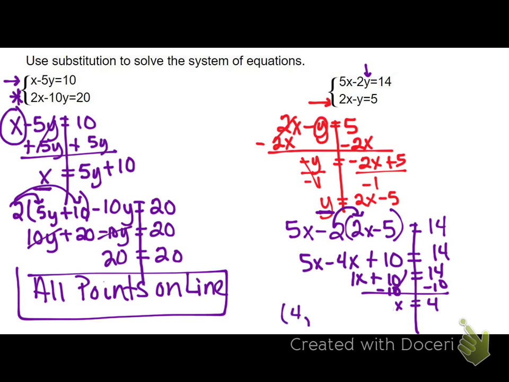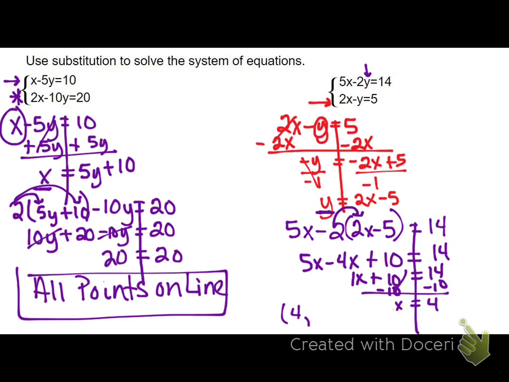Okay. Now, does it matter which equation I use to solve for y? Nah. I can use y equals 2x minus 5, the one that we came up with together. I can use 5x minus 2y equals 14. I can use 2x minus y equals 5. Does not matter. Let's use the one we came up with. Which one do you want to use?